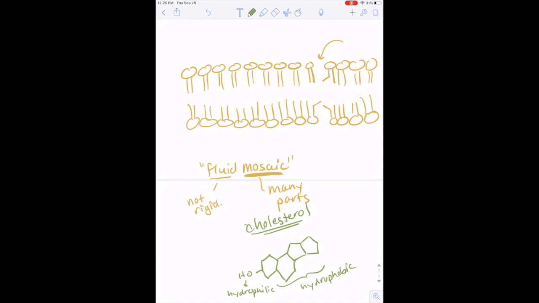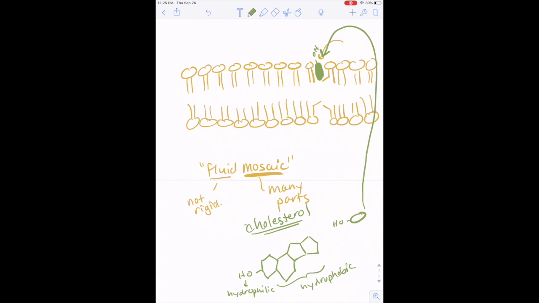But this whole thing, oh, you know what, I'm not going to draw it like this. I'm going to draw this ring end just like a circle, like that. All right, so we'll draw it like a circle like that, and then I'll have the little OH group off of it. This thing fits right in there. And the hydrophobic part will hang out in here, and the little OH group will stick out.